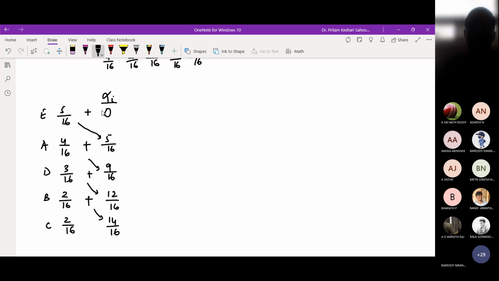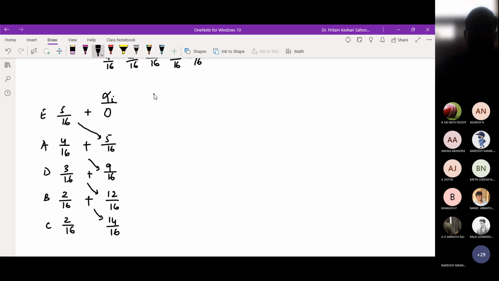To remember that, first you take 0 by default, and next you calculate by adding alpha 1 plus P1, then alpha 2 plus P2, then alpha 3 plus P3, and so on, and you can find the alpha 5 value at the end.